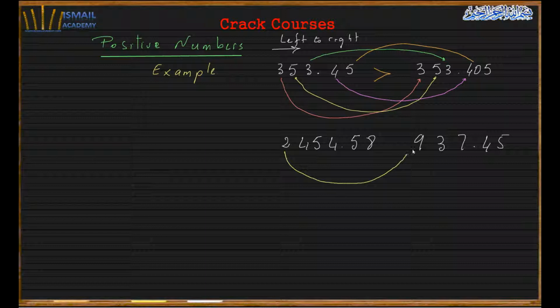There's no 1,000 here, which means I have a 0. So 2 is greater than 0. These are the first two distinct digits with the corresponding place value, which means that number is greater, so I don't need to go further. This is the second example.